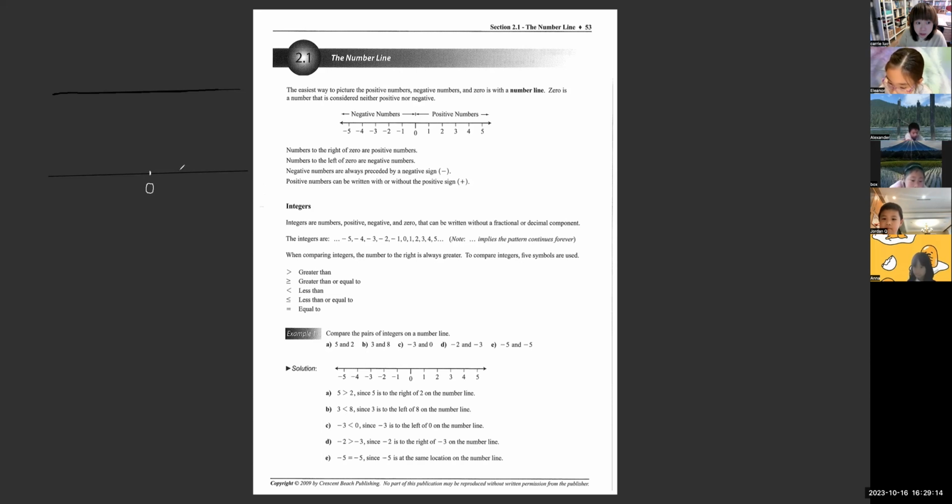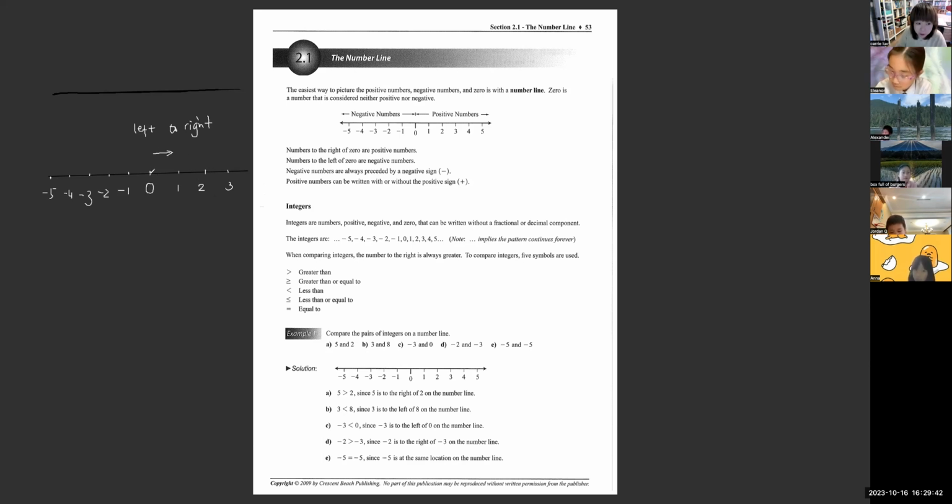So on the right side, the numbers are getting bigger if you're going from left to right. Okay, so Eleanor, if I'm going from right to left, every number is getting what? Getting smaller or getting bigger? Smaller. Getting smaller. Very good.